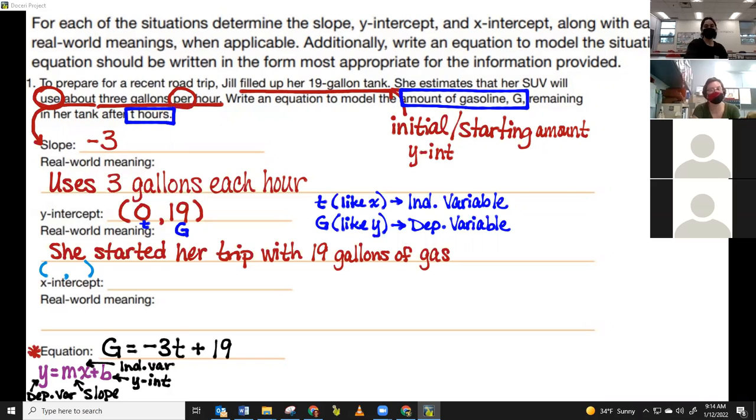My y-intercept was 0 and then 19. 0 is going to go in the y spot. I don't know what goes in the x spot yet, but I know a 0 goes in the y spot, because anytime we're on the x-axis, that's going to be true. Okay? How can I find this?